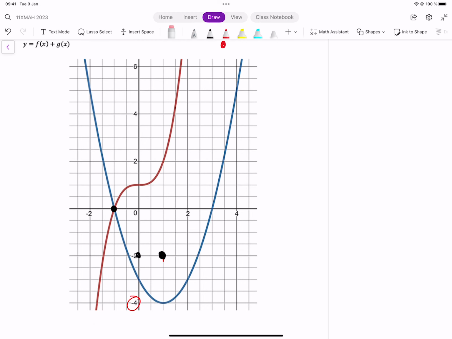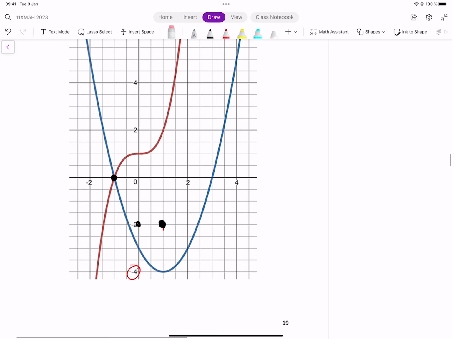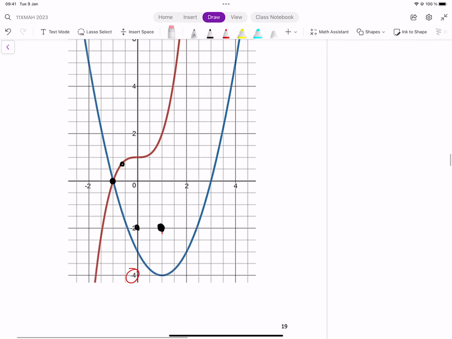Well, I reckon my graph about, just look there. Yep. I reckon my graph here, and here, I reckon they look about the same. They look like they're both at an equal distance, or around an equal distance, probably even a bit closer. They look like they're about an equal distance from the y-axis.